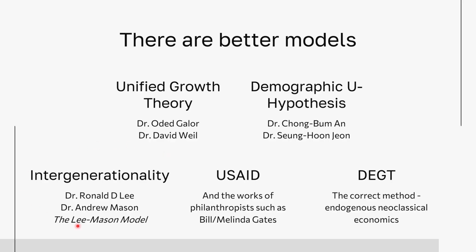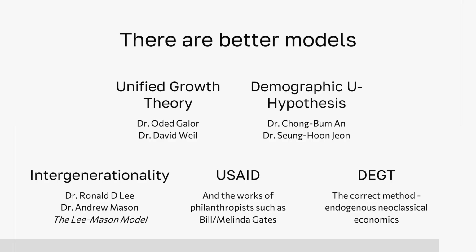Another interesting approach that gets it right is intergenerationality. This is the work by Dr. Ronald Lee and Dr. Andrew Mason, what we call the Lee-Mason model. Now, the Lee-Mason model is interesting because what they do is they map the productivity of an economic agent across age, right?